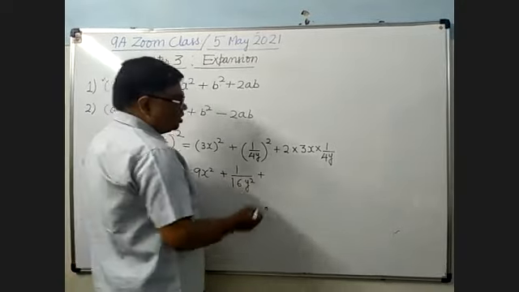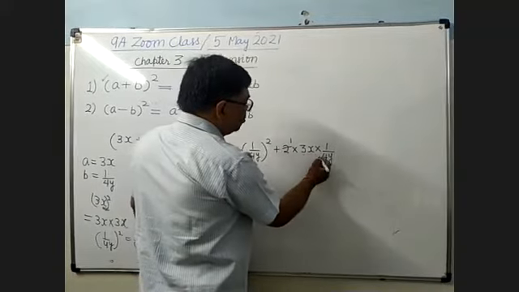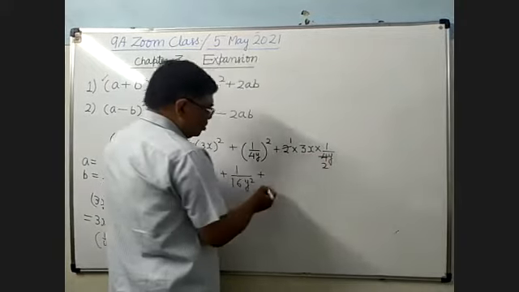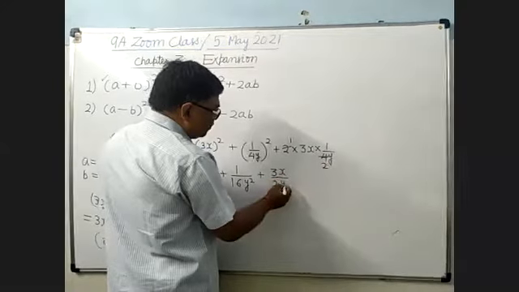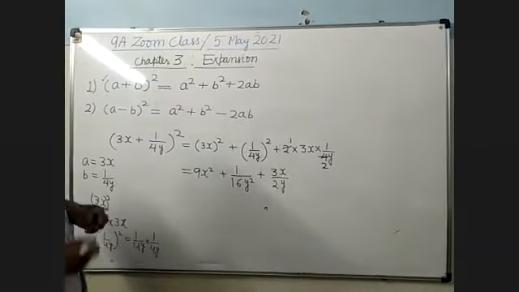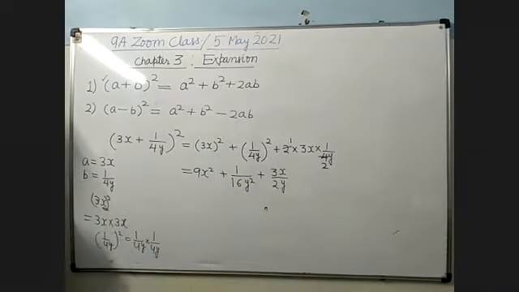Plus here you can see 2 into 1 is 2, 2 into 2 is 4. So this will be 3x upon 2y. This is the expansion of (3x plus 1 upon 4y) whole square. It's clear?